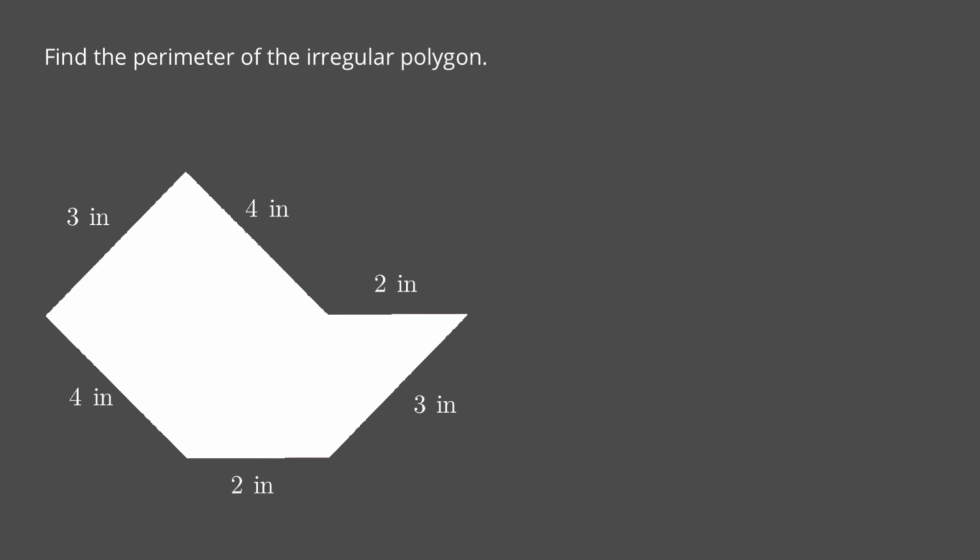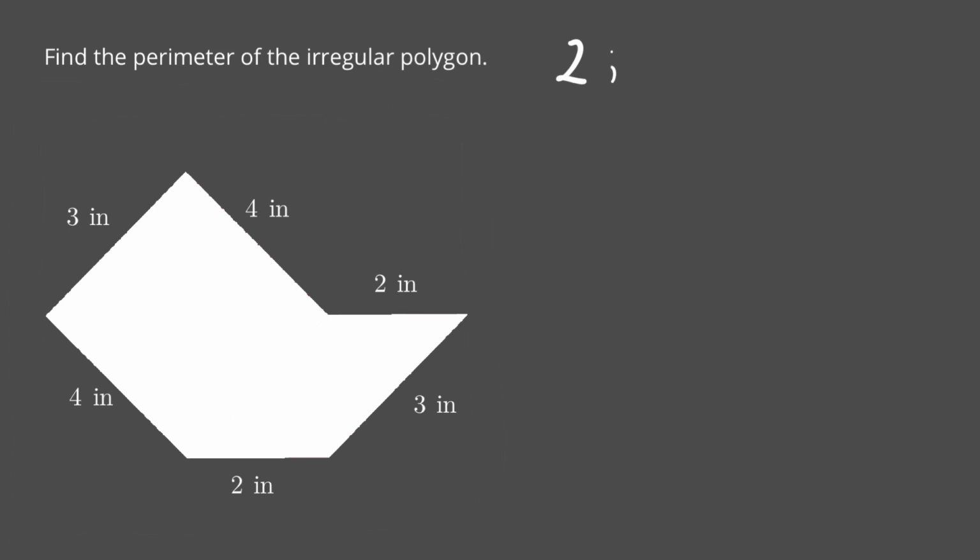For the next problem, we have an irregular polygon. It's basically a random shape that is defined by straight sides. In this case, we have 6 sides that we will have to add together. So we can get started by writing them all down.